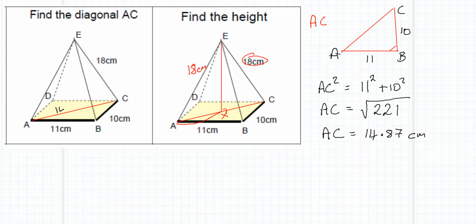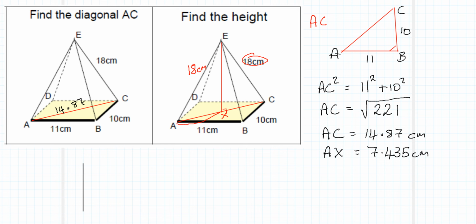I'm just going to place that along the diagram here to show that AC is equal to 14.87 centimeters. However, for the second part of the question, we need to find out what the distance between A and X is equal to, and of course that is half of that length AC, so that's 7.435 centimeters.